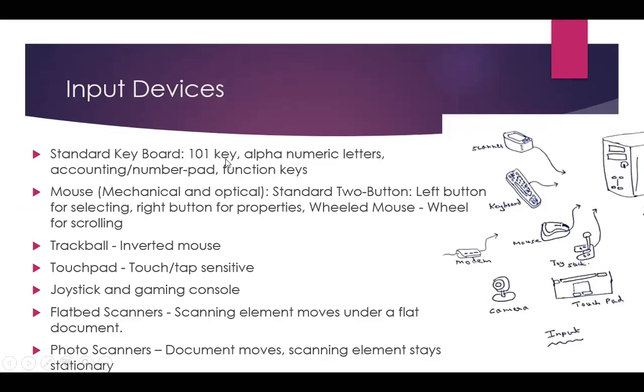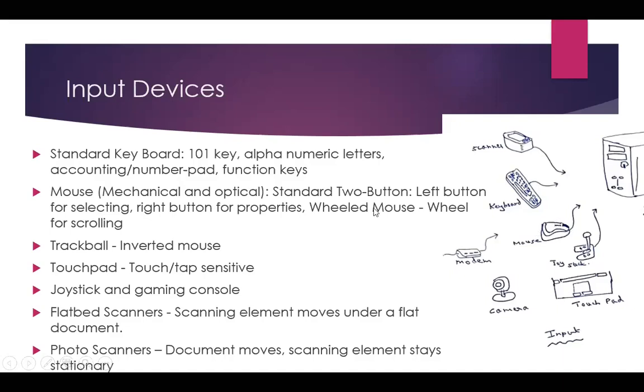Keyboards usually have 101 keys, alphanumeric letters, and on the right side of the keyboard there is usually a number pad or accounting area where you can type numbers and do accounting. There are also function keys usually on the top layer of the keyboard. The other input device is mouse.